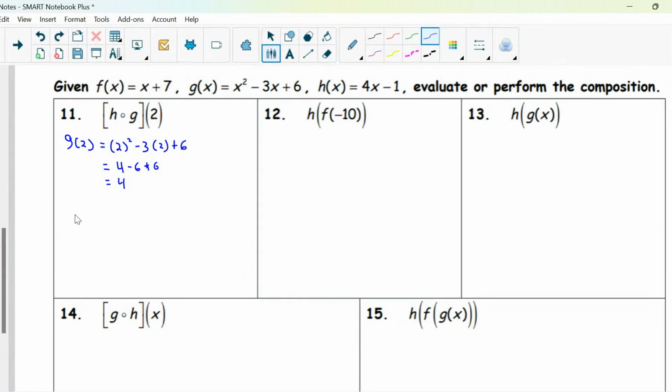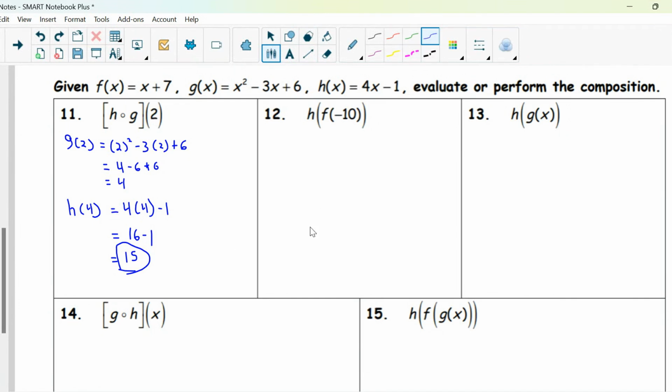Now I need to figure out what h of 4 equals, because this now becomes my input. So now substitute that into h of x. I've got 4 times 4 minus 1, which gives me 16 minus 1, which is just going to end up giving me 15.